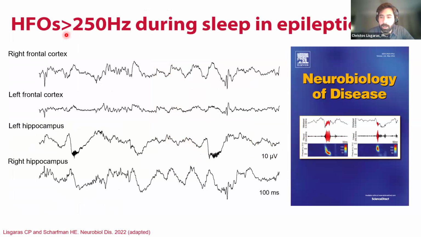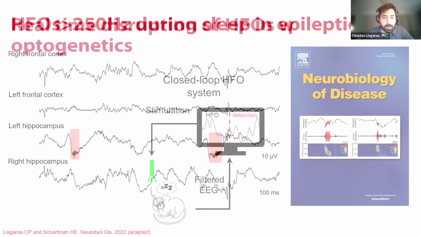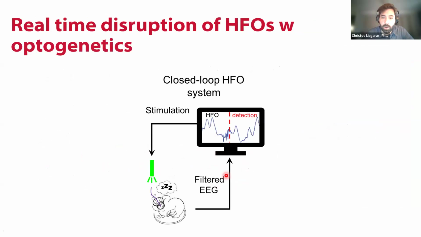We also looked at high-frequency oscillations in epileptic mice, and here I'm going to show you some results on how we can manipulate those events and test whether they affect memory. So I'm talking about those events that occur during sleep. We used a closed loop protocol like the one that I described before.